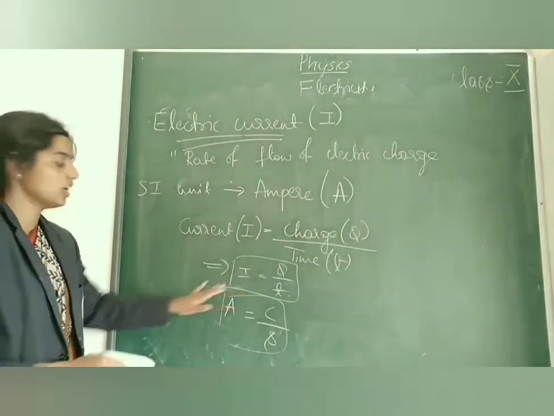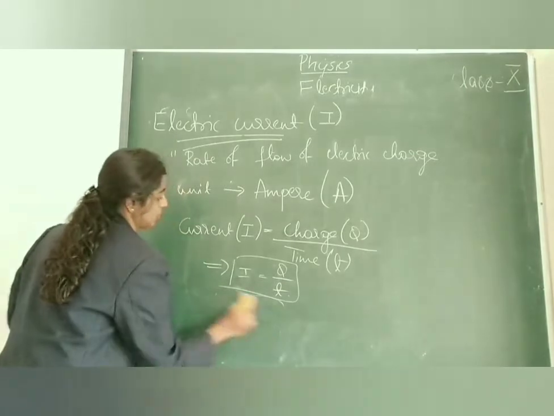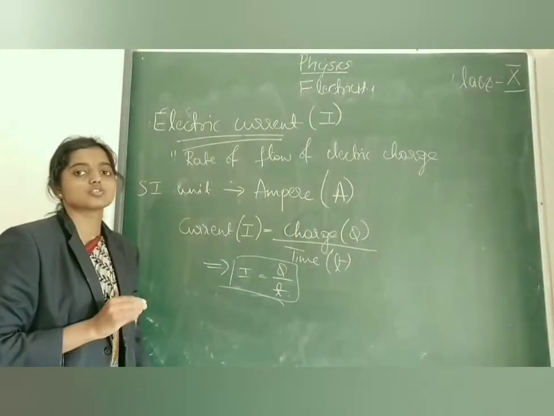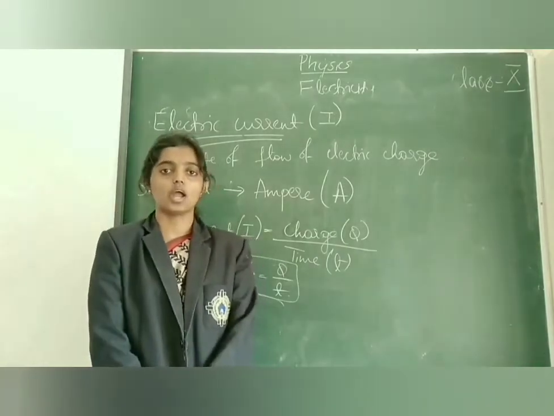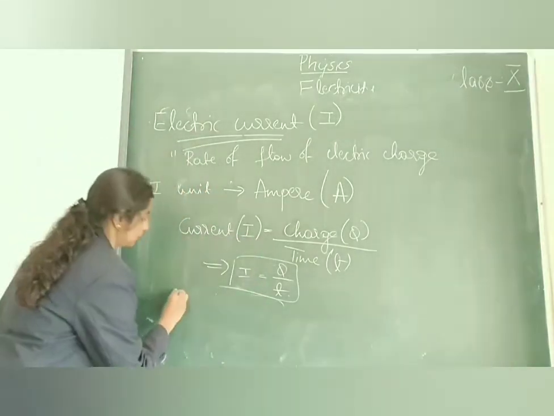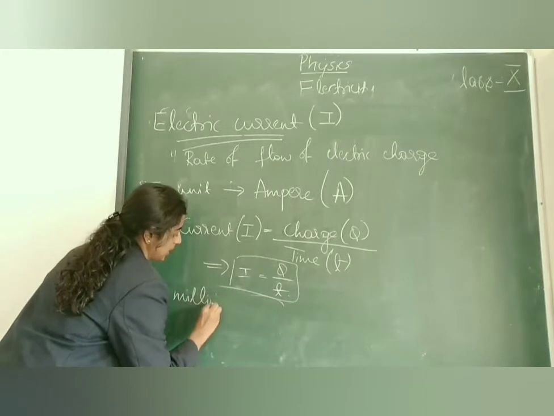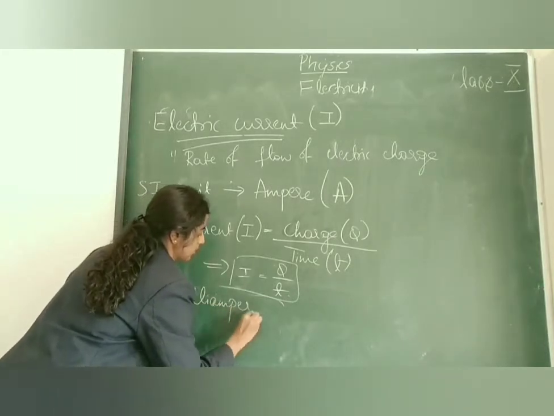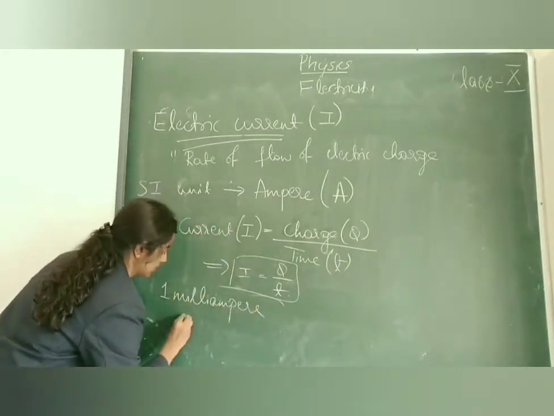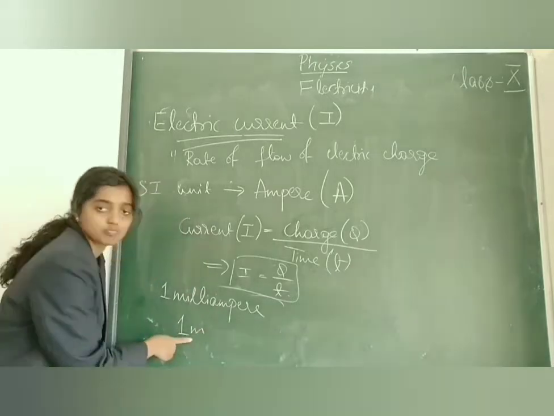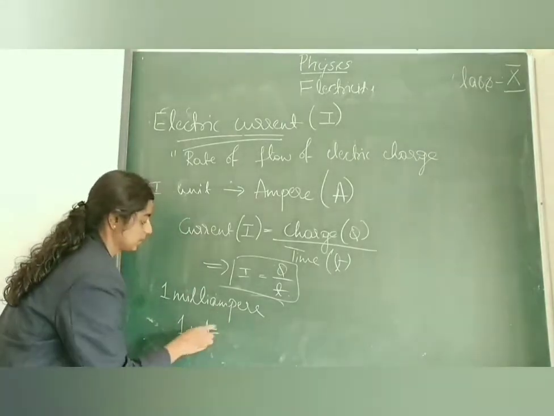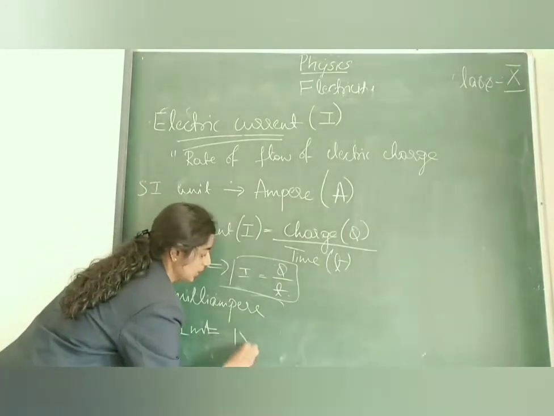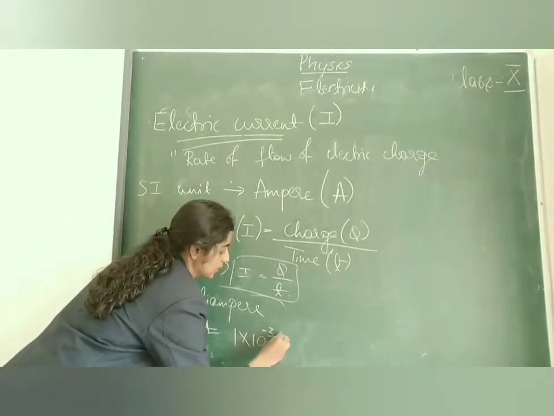Now we know the formula, and we need to learn one more point here. Current can also be expressed in milliampere and microampere. So what is milliampere? 1 milliampere, milli can be written as small m, is equal to 1 into 10 to the power minus 3 ampere.